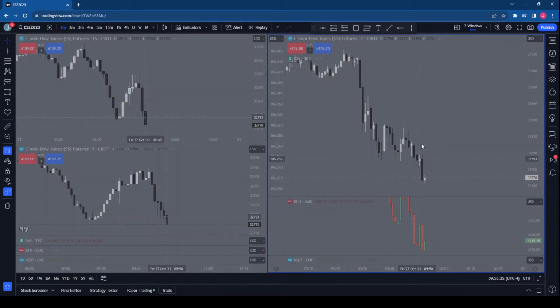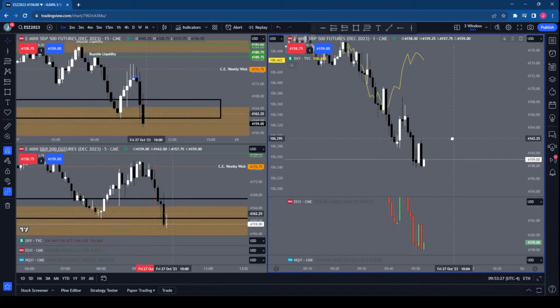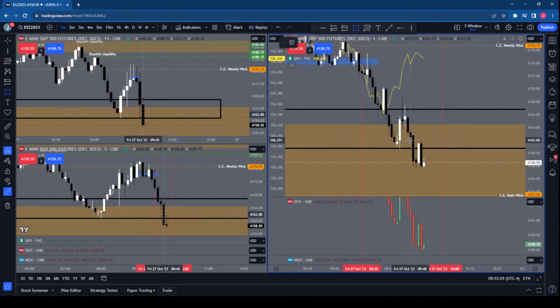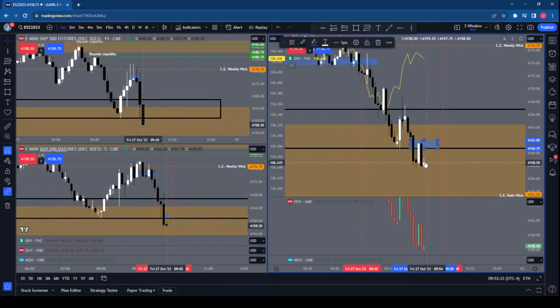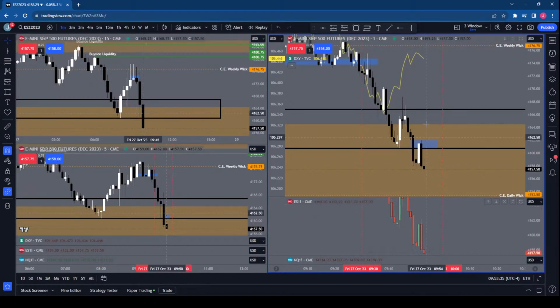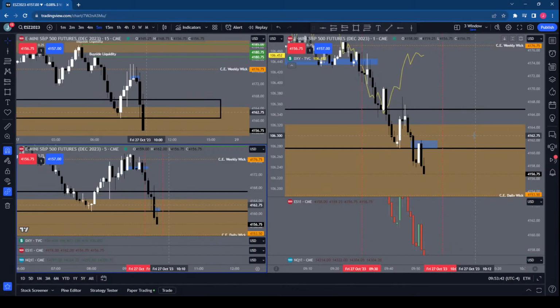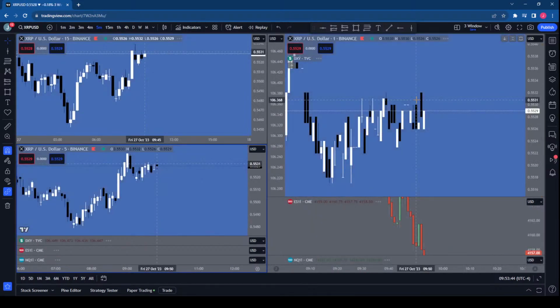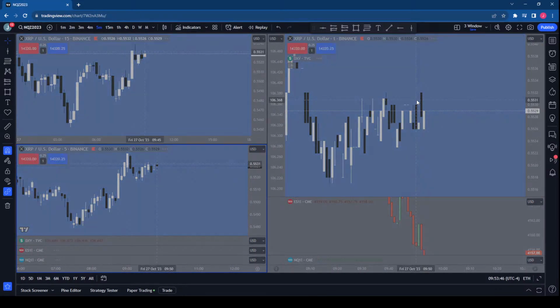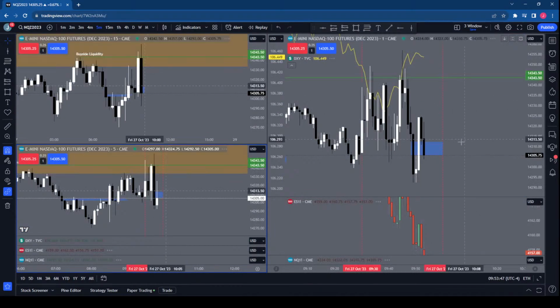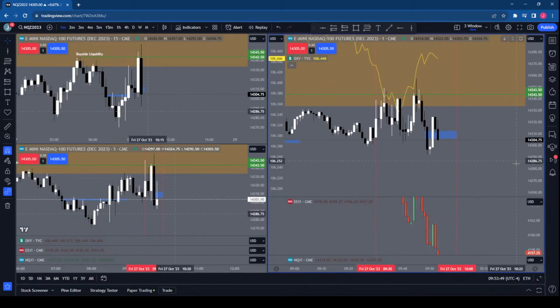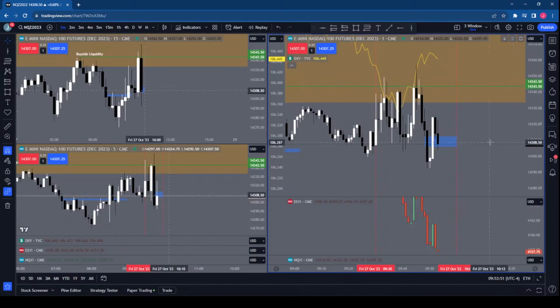And now look at ES. It looks like we respect that fair value gap nicely. We're below the new day opening gap on ES. We haven't even touched it on NASDAQ.